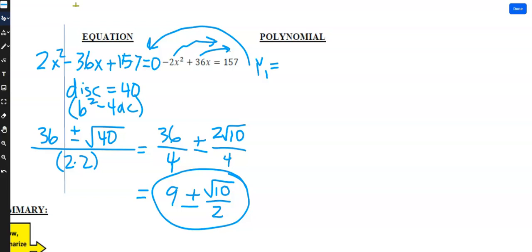Like y equals 2x squared minus 36x plus 157. And we're going to graph this and see what we end up with.